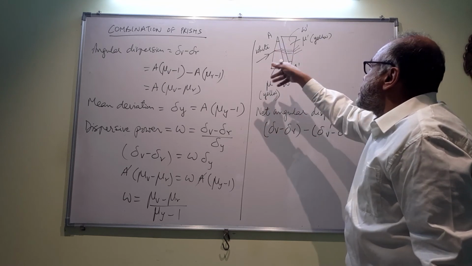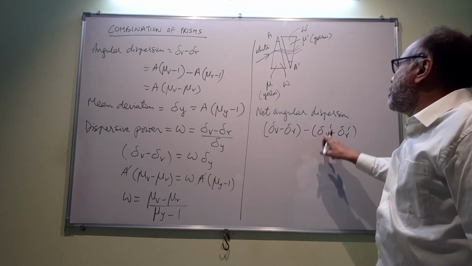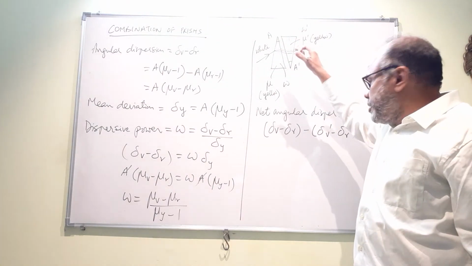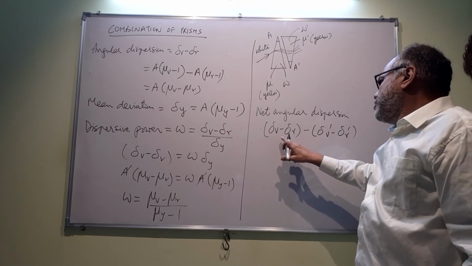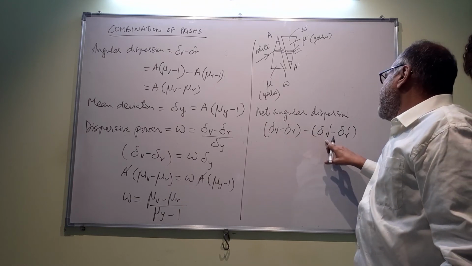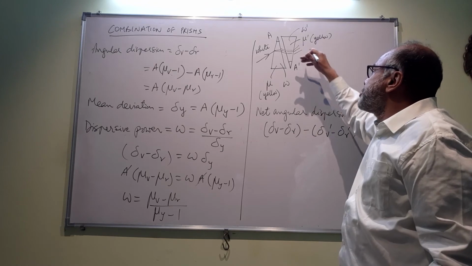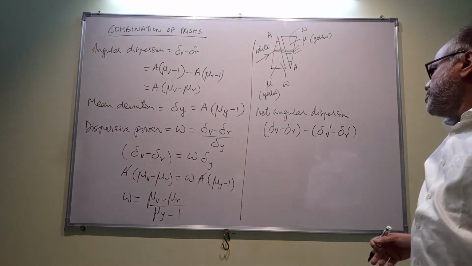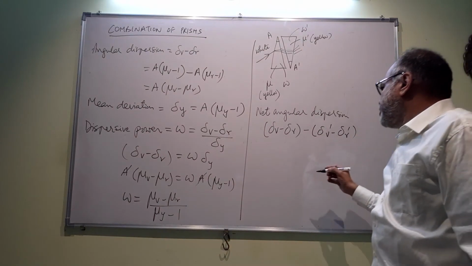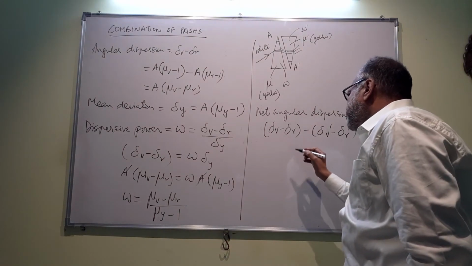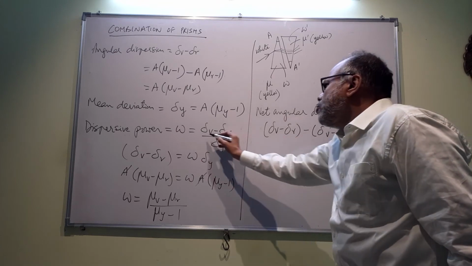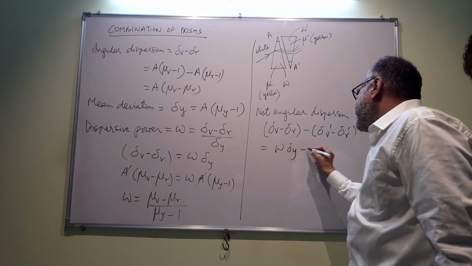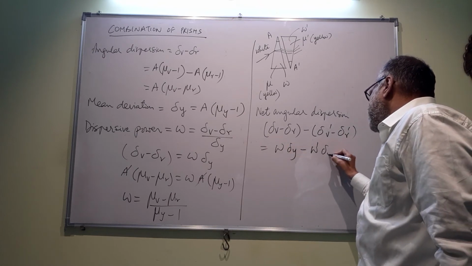If both the prisms had their apexes pointing upwards, then it would be plus. But since we have an inverted prism, we put a minus because the deviation will be in the opposite sense. This is the net angular dispersion, and we can now write this as, we know dV minus dR is omega del Y minus omega dash del Y dash.